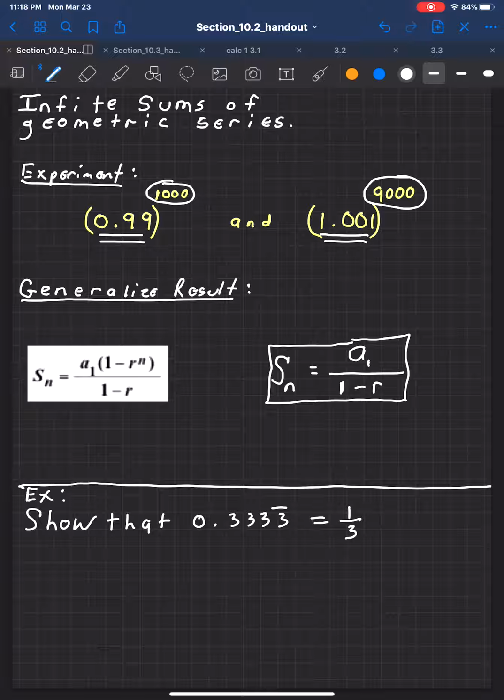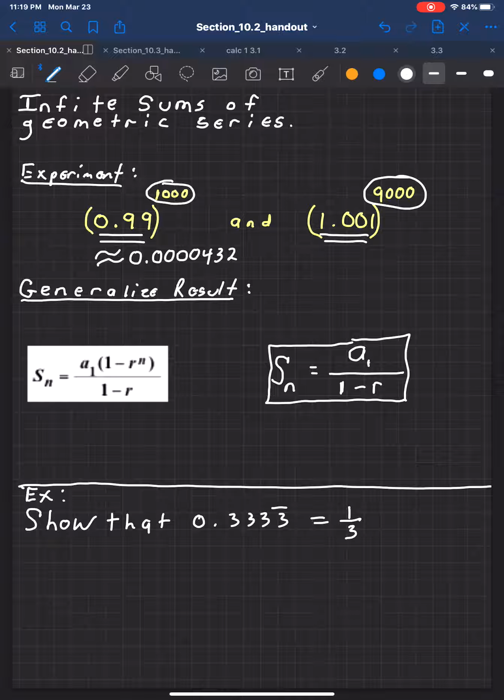All right, so if you take 0.99 and you raise it to the power of, let's say, 1,000, on your calculator, then roughly you're going to get something like 0.0000432. So a very small number.